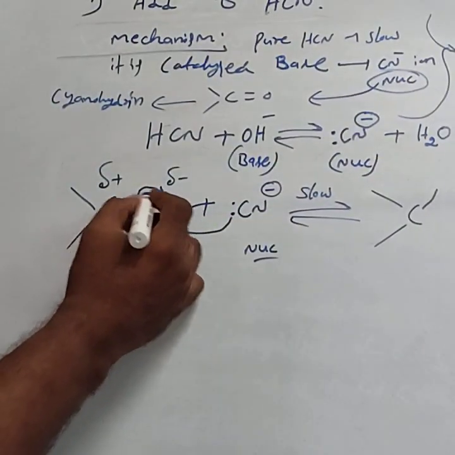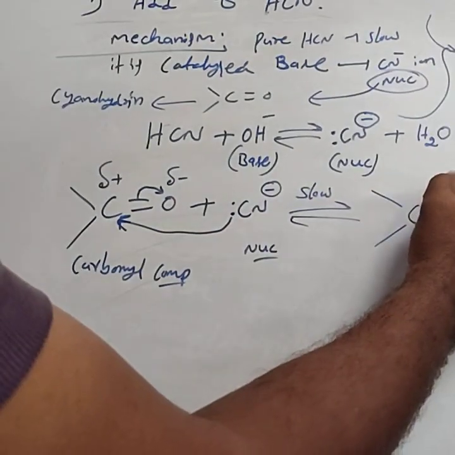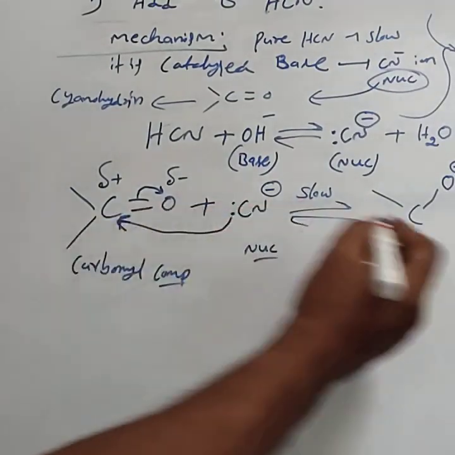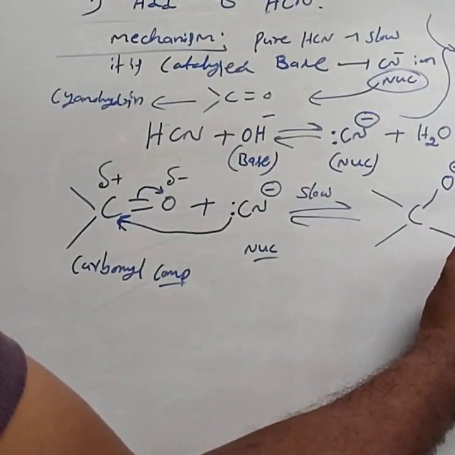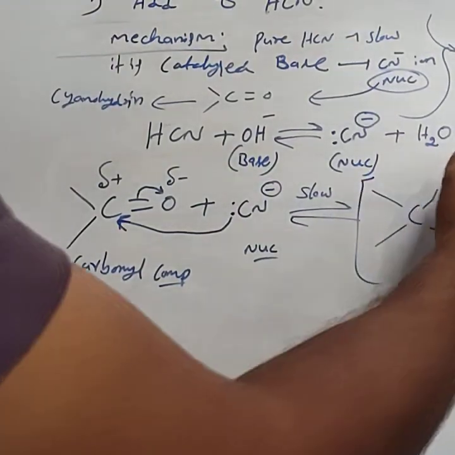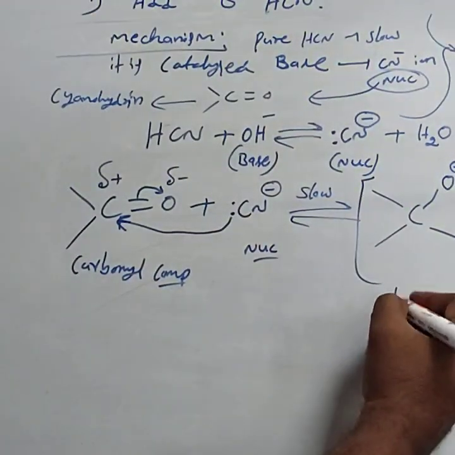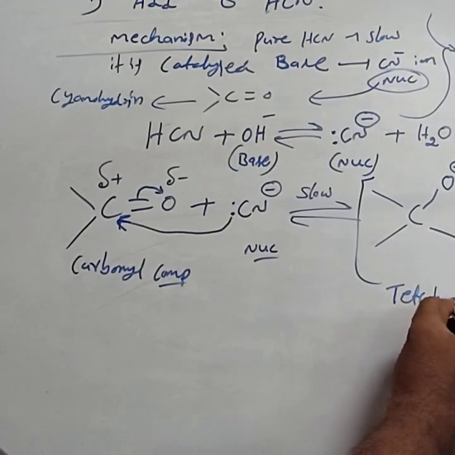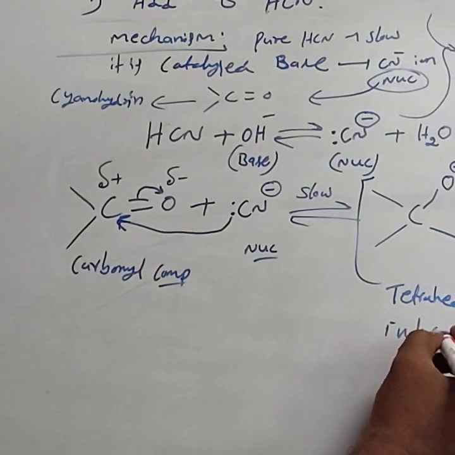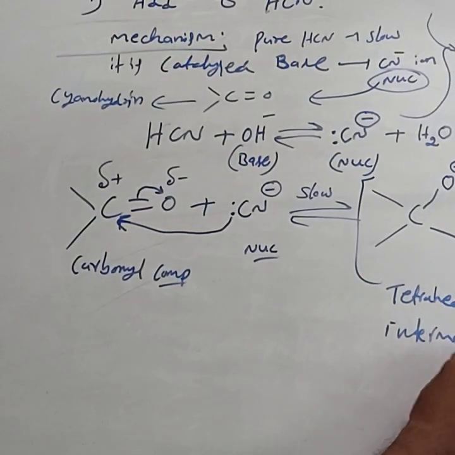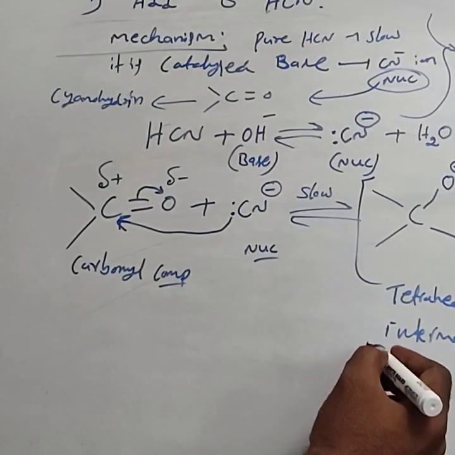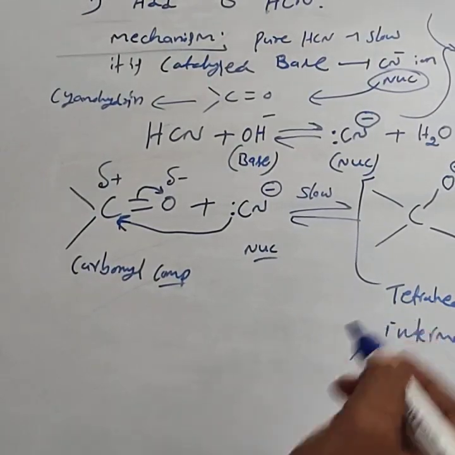By moving the pi electrons towards oxygen, it becomes O minus, and CN gets added to the carbon. This is the tetrahedral intermediate.